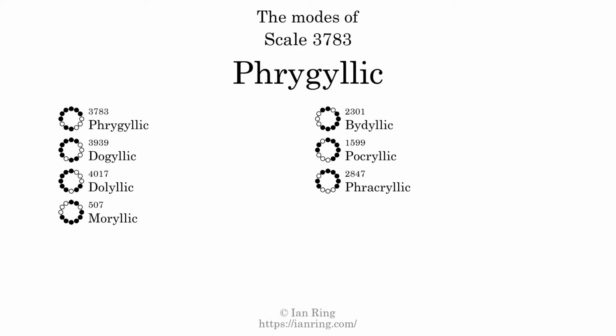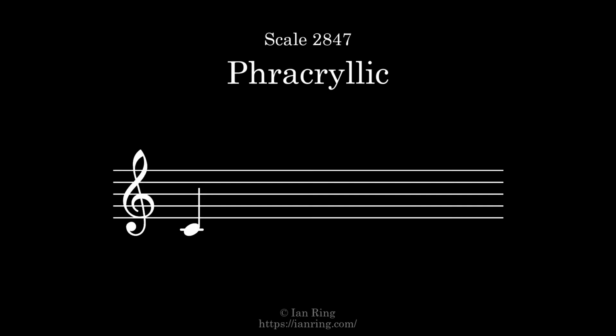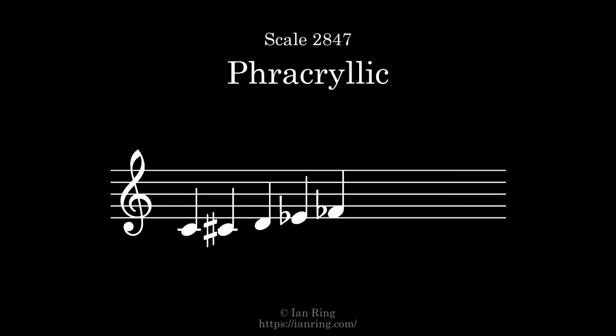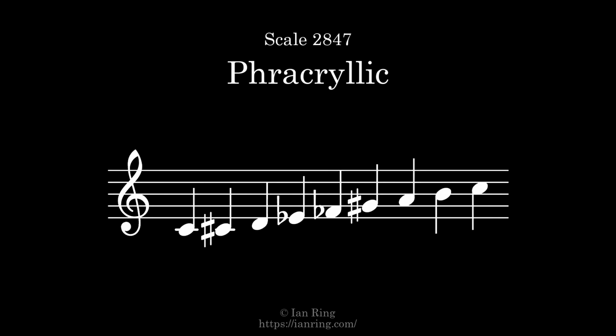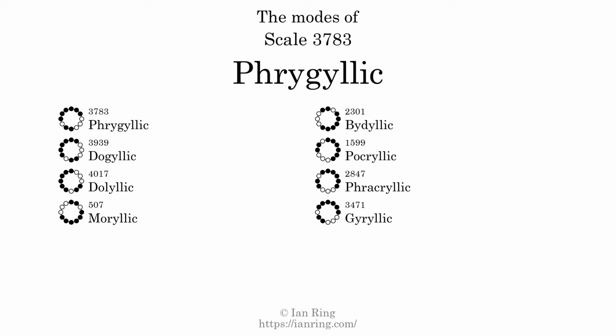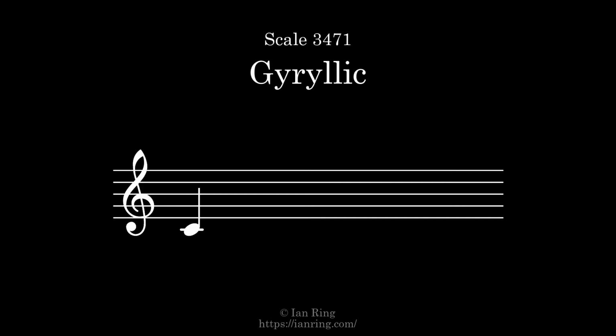The seventh mode is scale 2847, also known as Phrygyllic. It sounds like this. The eighth and last mode is scale 3471, also known as Phrygyllic. It sounds like this.